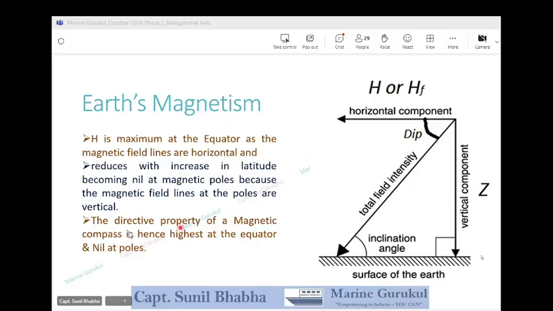Therefore, the directive property of a magnetic compass, which is based on or dependent upon H or HF, the horizontal component, is highest at the equator and starts to reduce when the vessel proceeds towards the pole, eventually becoming nil at poles. This is exactly the reason that as we move into higher latitude, the magnetic compass starts to lose its directive force. After we cross a latitude of 70 degrees north or south, going towards the pole, the compass becomes highly unreliable.